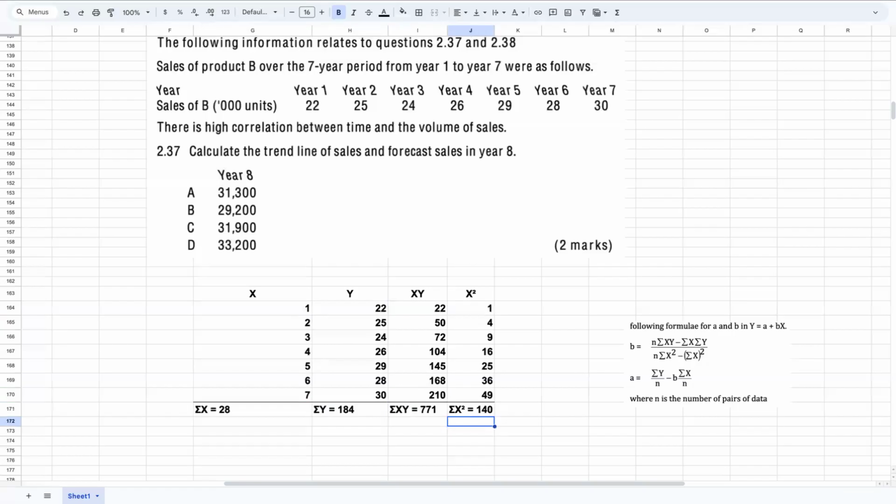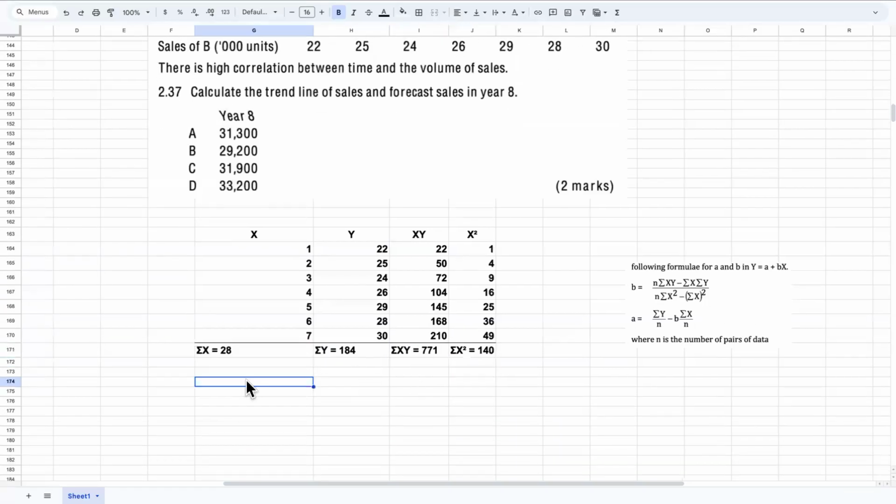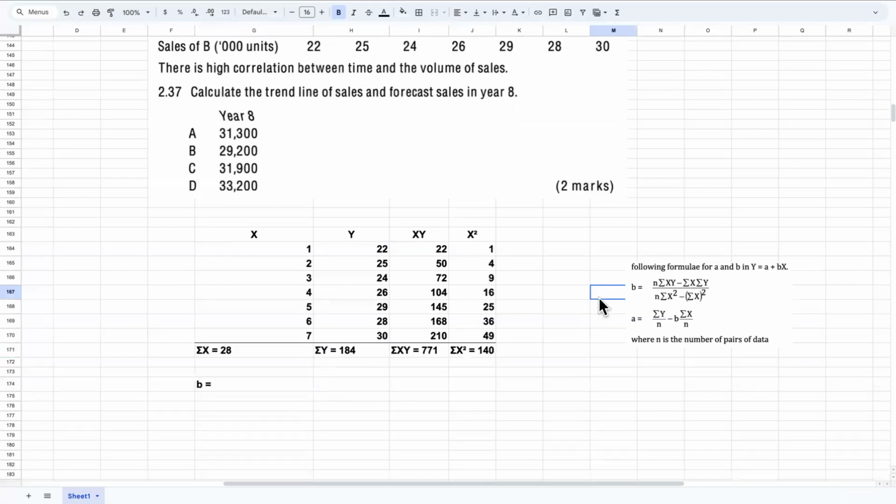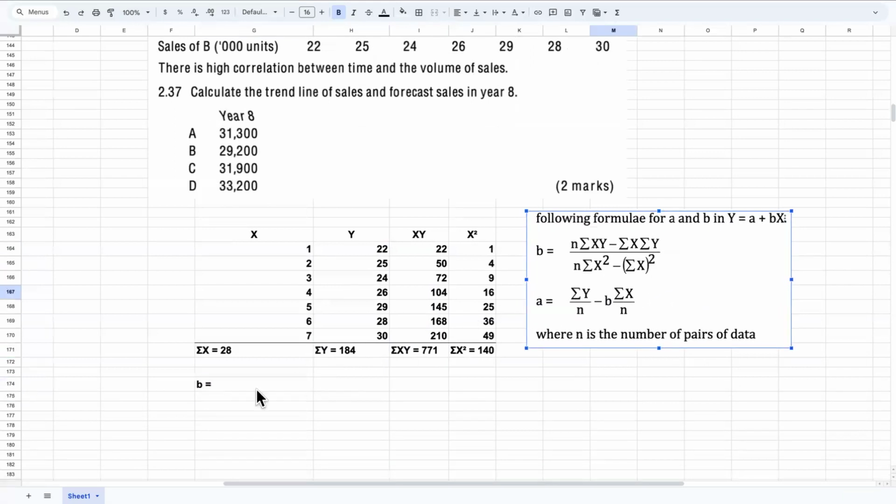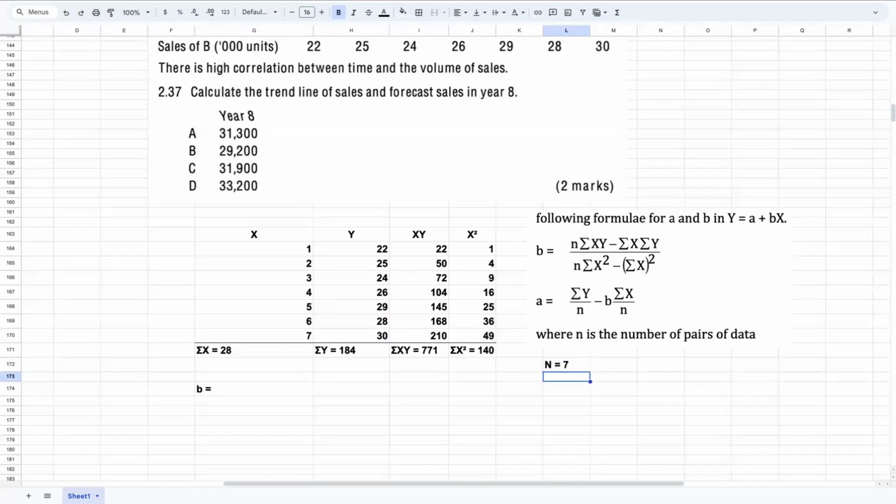Then we can calculate the B values. So this is the formula. We already know the formula, so according to the formula, we can draft. So here see the n. We are using 7 pairs of data, so the n is 7. In the first bracket, n is going to be 7 times sigma xy, right? 771.